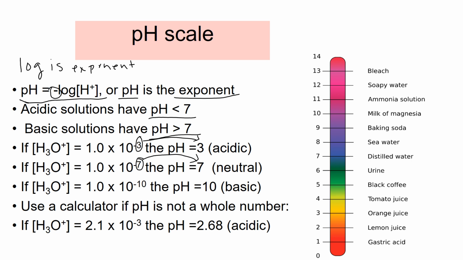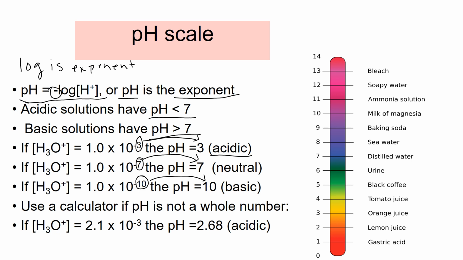So that's the neutral one. Remember, that concentration is neutral. So pH 7 is neutral. The one above it, the pH 3, that's acidic because it's less than 7. And then if the H plus is 10 to the minus 10, 10 is the pH. And that one's basic because it's greater than 7.